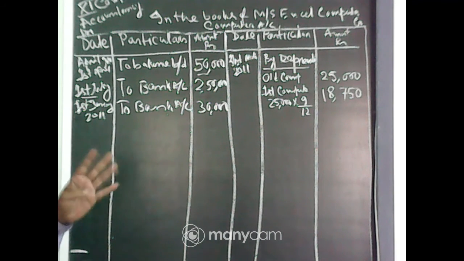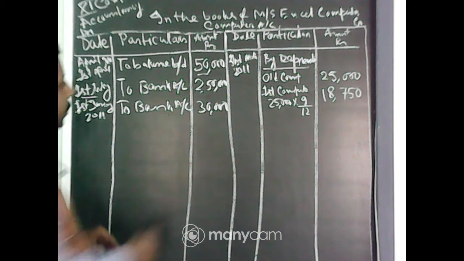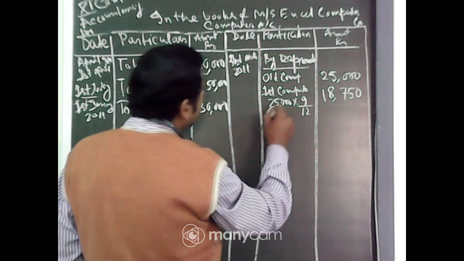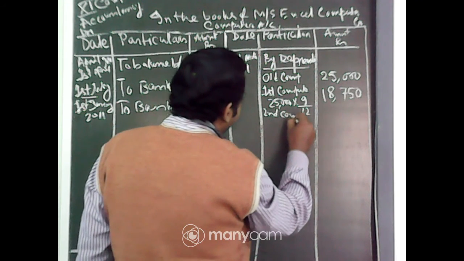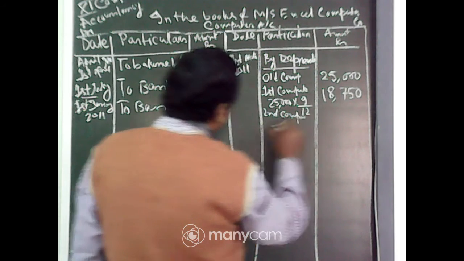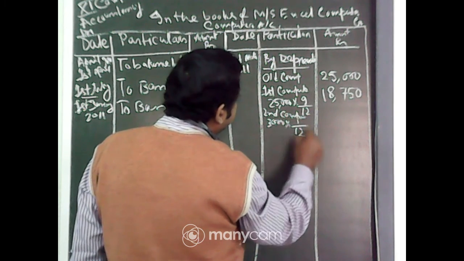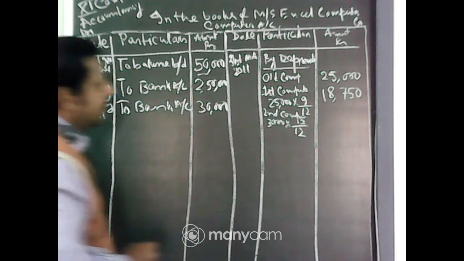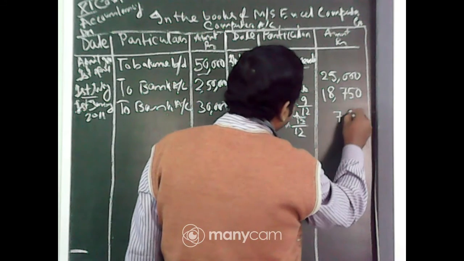So, January, February, March, only 3 months used. So, we will charge depreciation for that year only for 3 months. Now, computer 2, that is the second computer, 3,000, same rule, divided by 12 into 3, what will it become? That comes to 750.